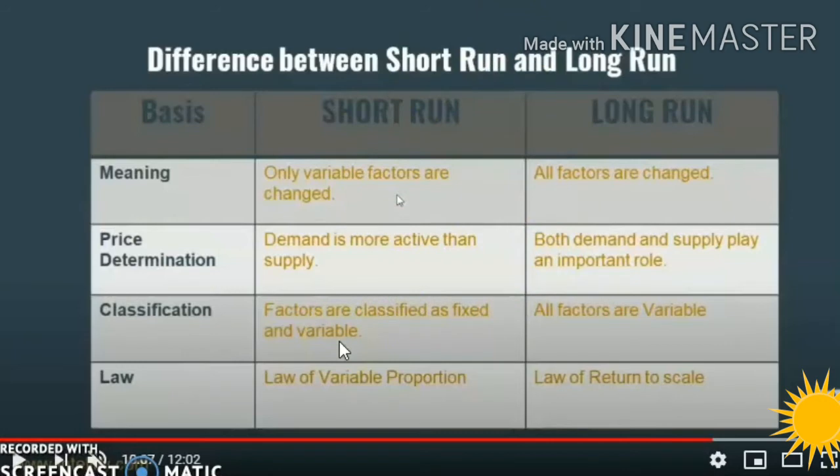Which law applies in the production function? In the short run, the law of variable proportion, and in the long run, the law of returns to scale.